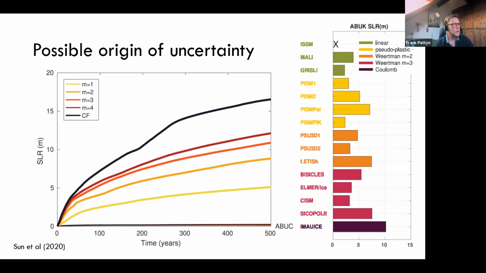So that's not new, but it means that for really plastic models like Coulomb friction, you can get major contributions to ice loss. This is also shown in this, but this is only one model, and so it's very difficult to compare different models with only one Coulomb friction law. This is the result of one model using several friction laws, but that gives you the same result as what is here generally seen.